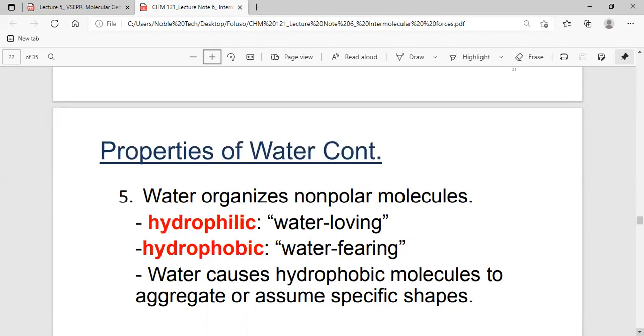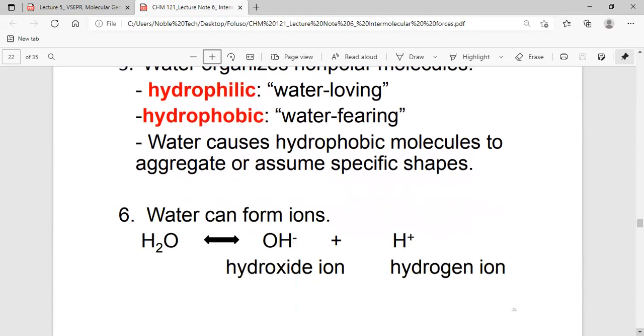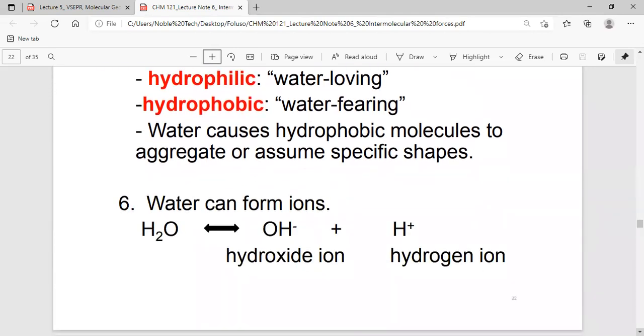So hydrophilic means water loving. Hydrophobic means water hating. So water causes hydrophobic molecules to aggregate and assume specific shape.